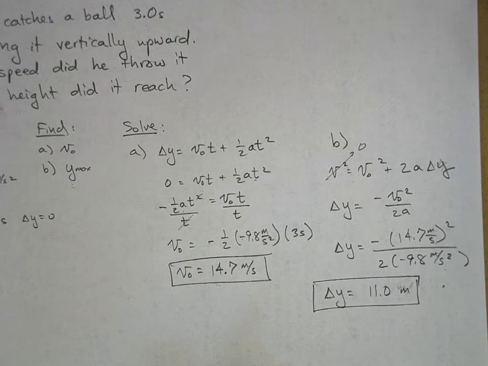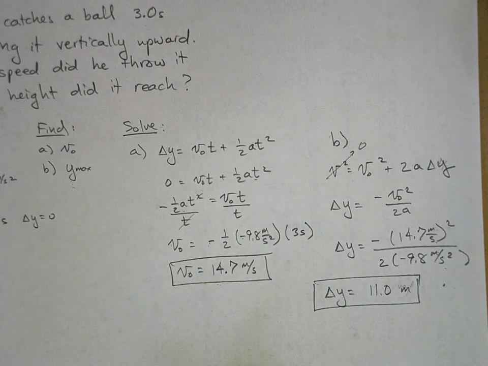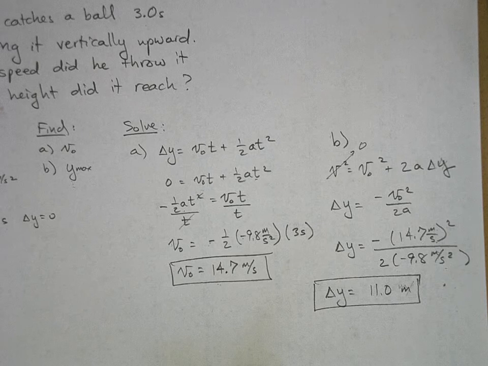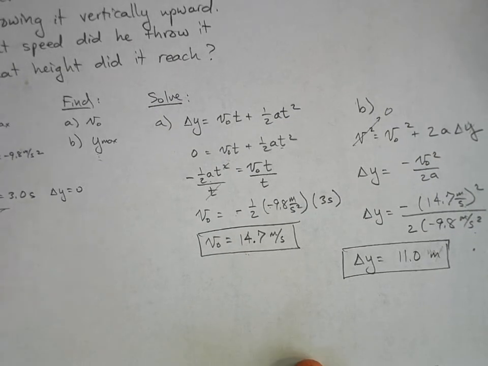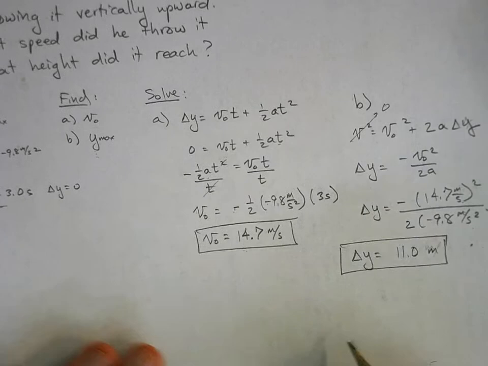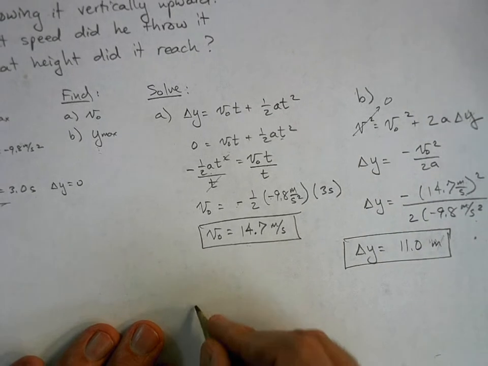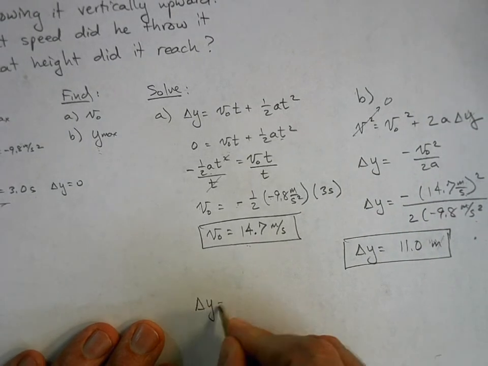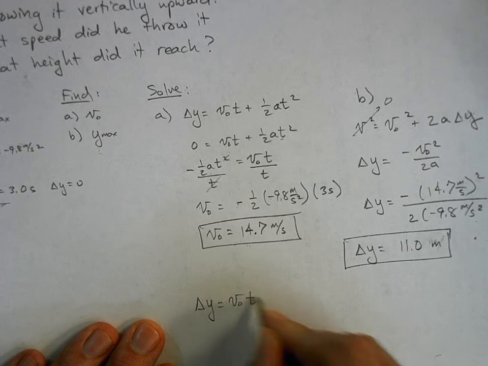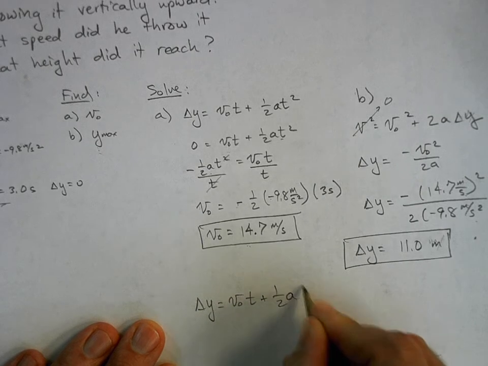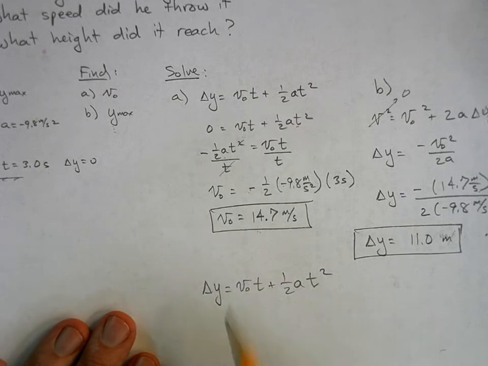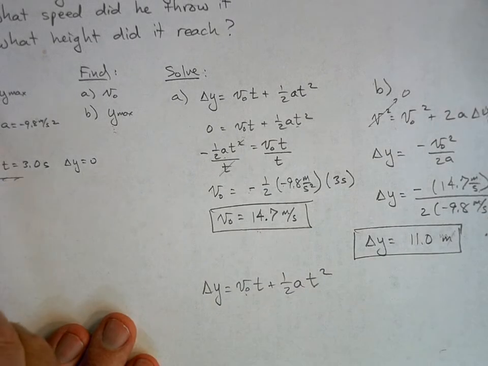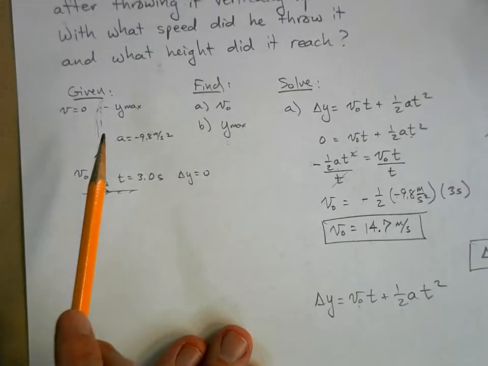Okay, so that's a couple of ways of doing it. You could also say, well, if the initial velocity is 0 at the top and you let it fall down, you could use the third kinematic equation, and you should get the same answer. If you let it start here, oh, I'm off screen. Let me zoom out.